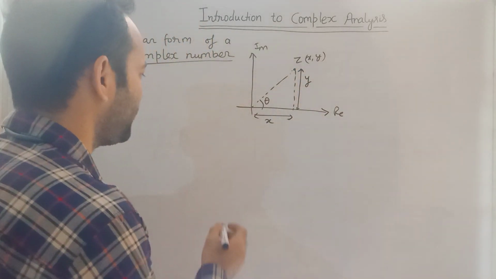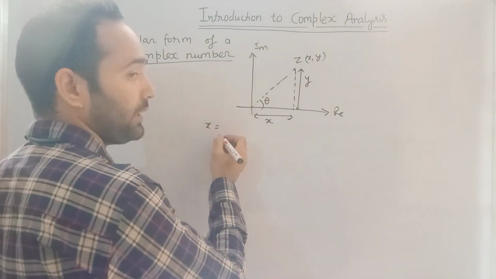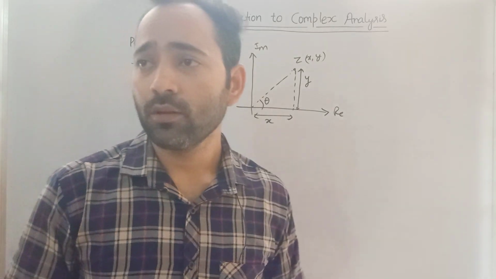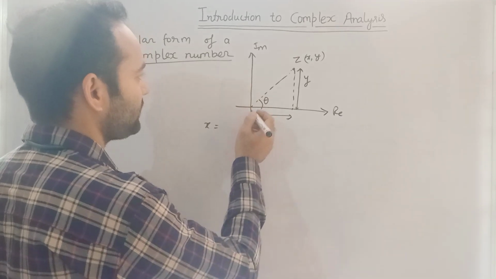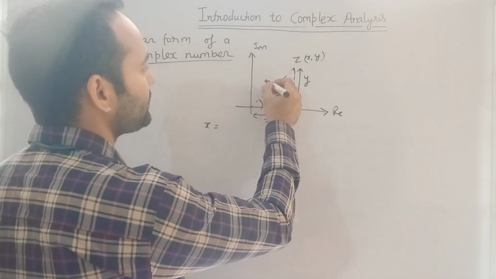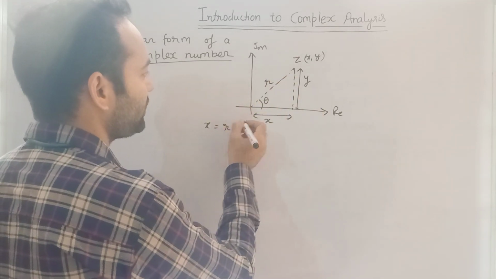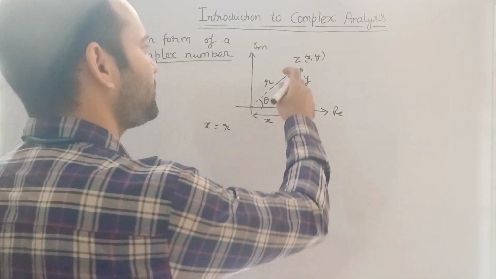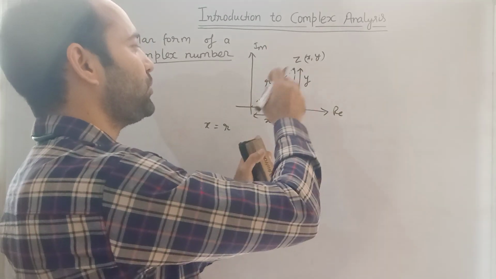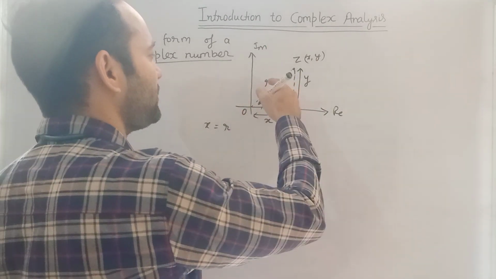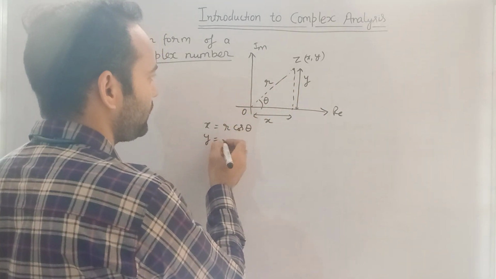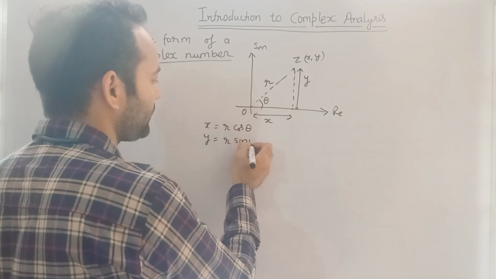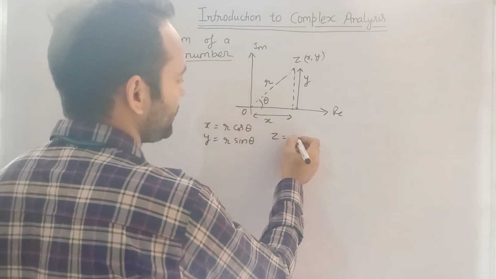So what is x? Tell me. And also this distance is r. So the distance of the point z from the origin is r, right? So x is r cos theta, and what is y? r sin theta, right?